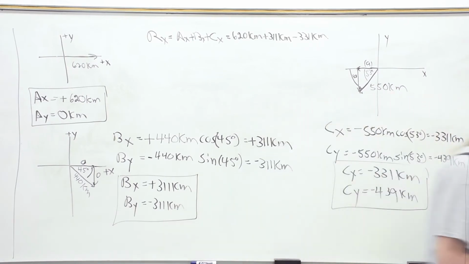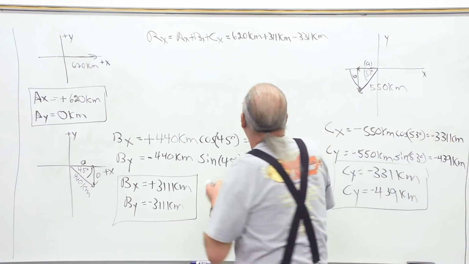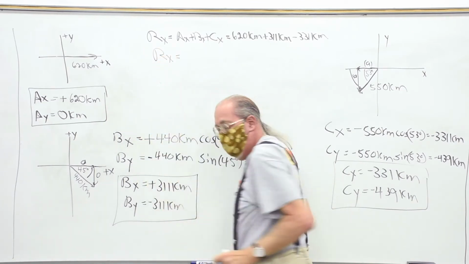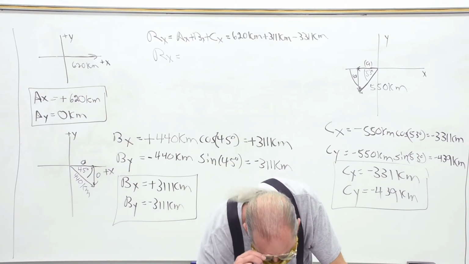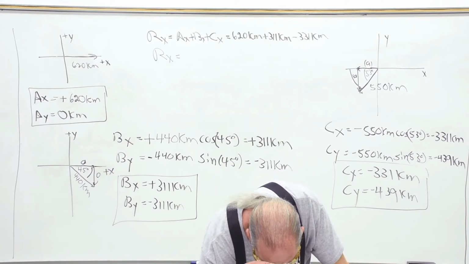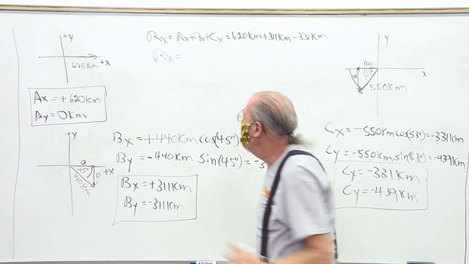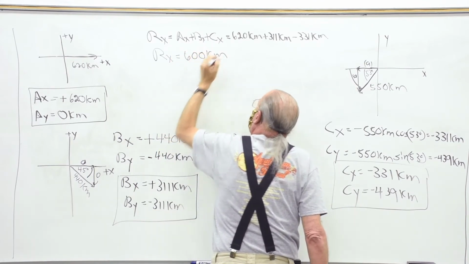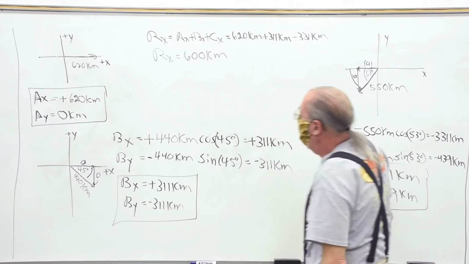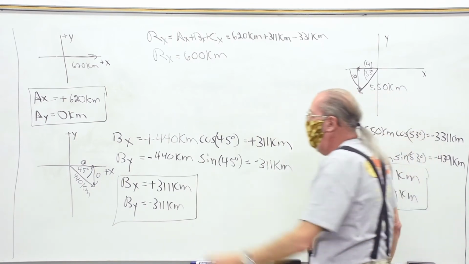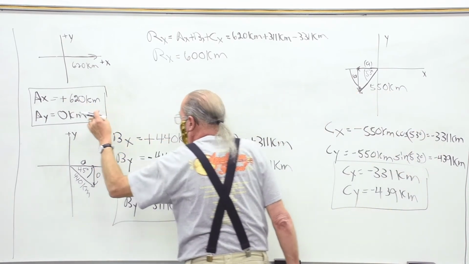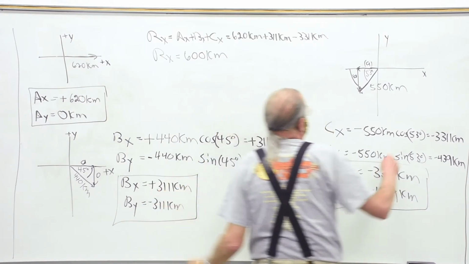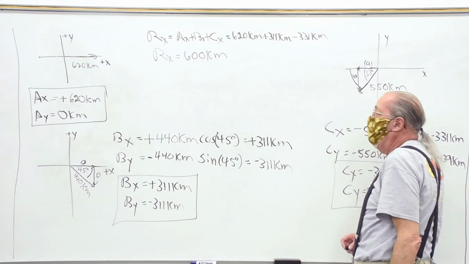Adding it up on the calculator, we get 600 kilometers. In this one we went to the right 620 kilometers. Here we went another 311, and then here we went back 331.